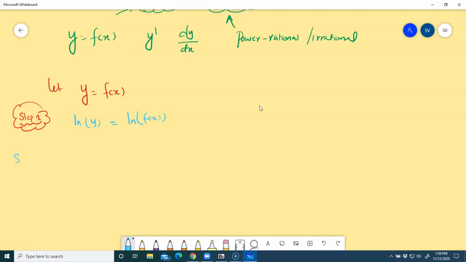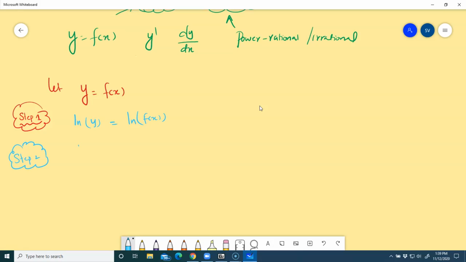So again, I am writing another item here, step 2. I'll come back and explain why I wrote step 1 and step 2. After I applied natural log on both sides of the equation, I will differentiate this. What is the derivative of the log function?